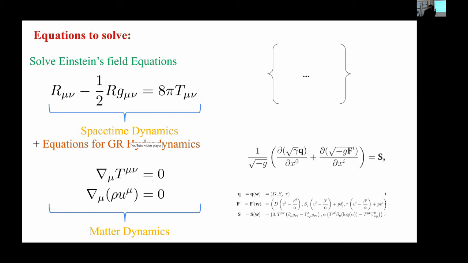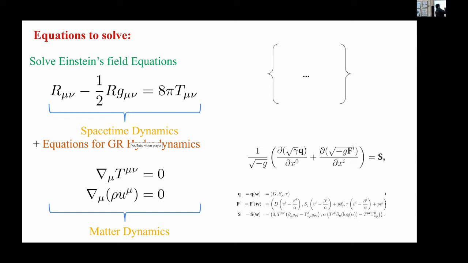Okay, next, moving on to the other set of equations that have to be solved when you have matter fields in this spacetime: the equations of general relativistic hydrodynamics. Again, here the equations are in covariant form, and one can go through a similar procedure of 3+1 decomposition and come to a partial differential equation set as shown here. These are in the so-called Valencia formulation. Basically, these are the equations of motion for the matter fields.